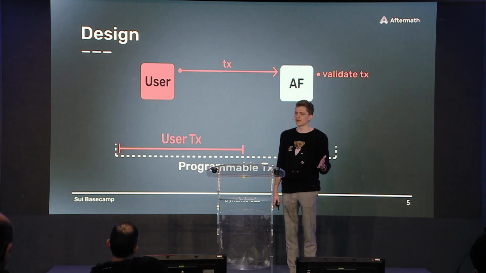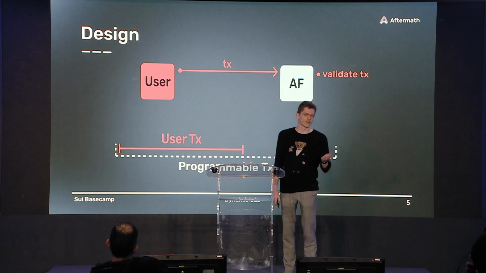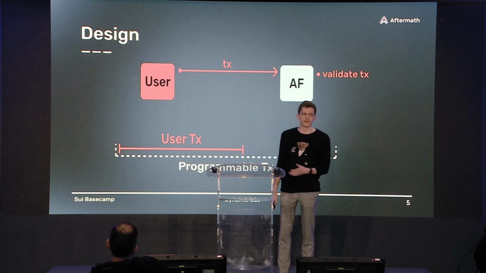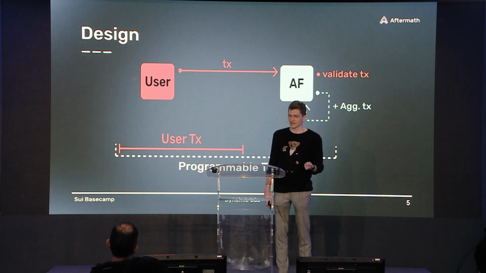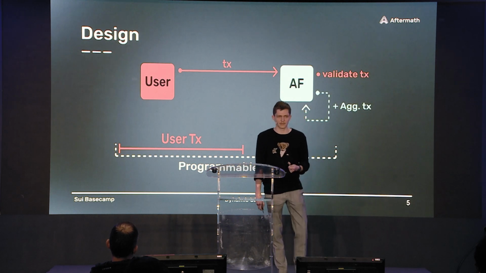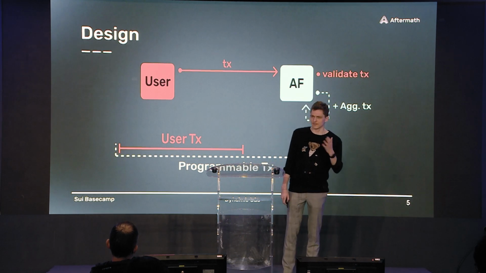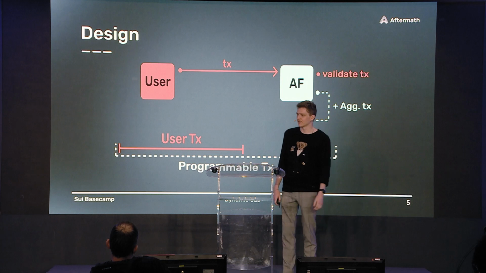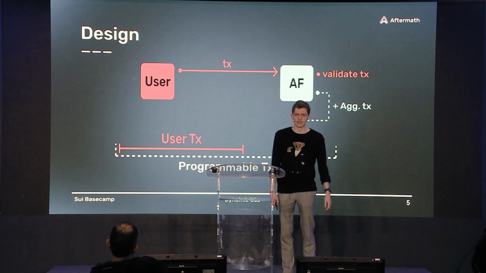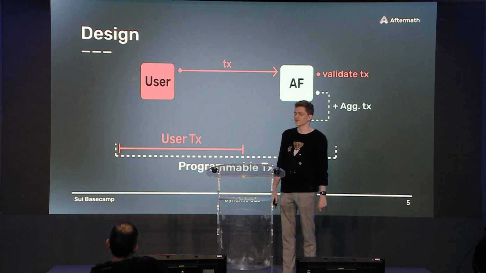Say the user wants to pay with AFSui instead of Sui. Say they want to pay with USDC, whatever. We convert that USDC to Sui using our aggregator. So we take that transaction itself, we find it using the aggregator, then we append that transaction to the user's already, whatever they want to do. Maybe it's something unrelated to Aftermath, unrelated to DeFi, right? Maybe it's buying an NFT.